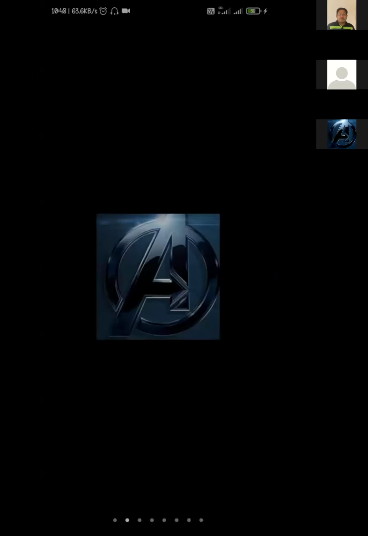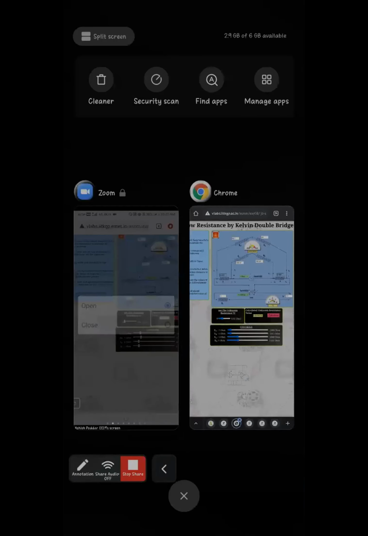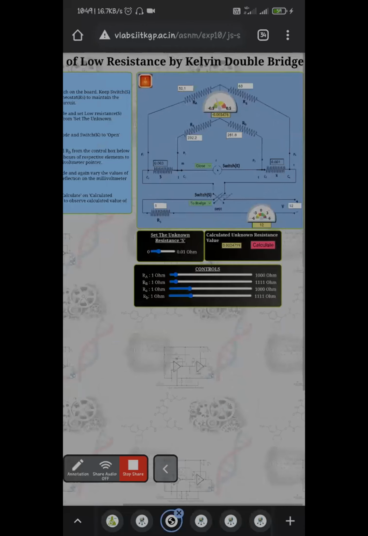Within 2 or 3 minutes, your link will be dissolved. Okay, it is not coming actually. Just adjust R small a and R small b.